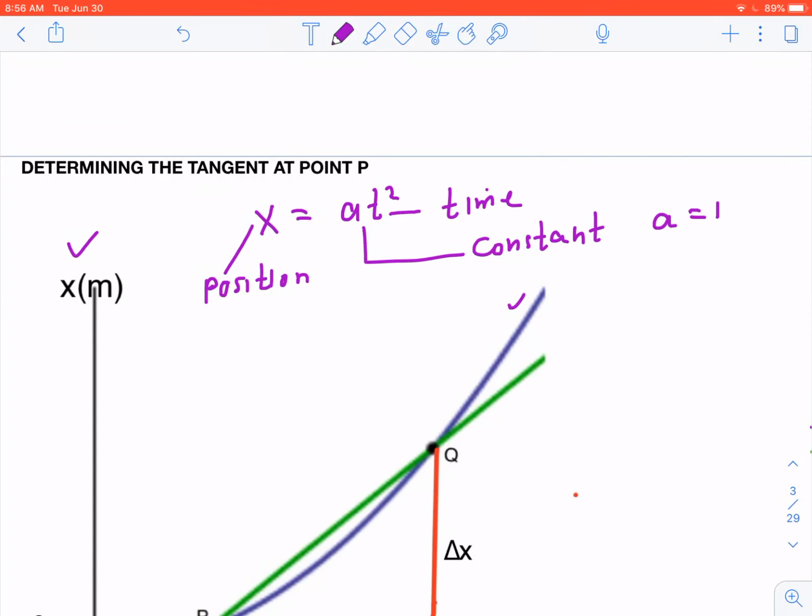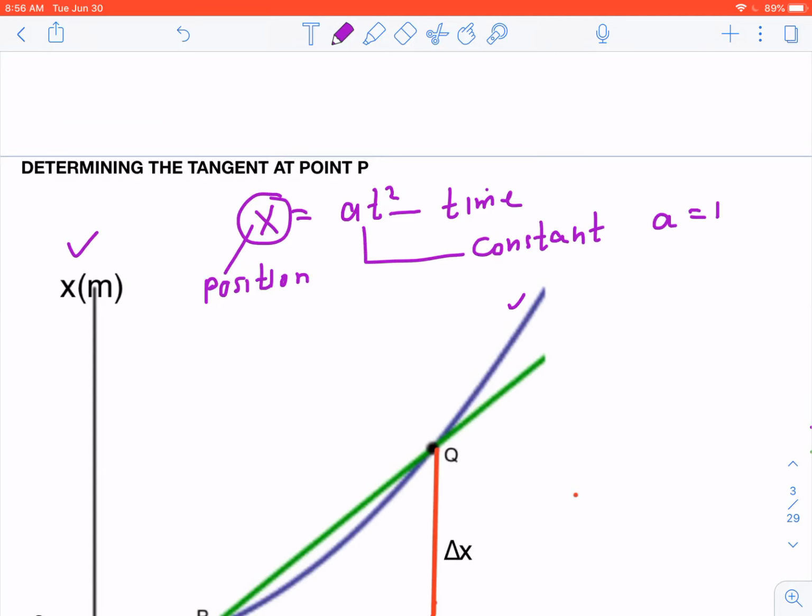I am not reflecting its units, but we know that whatever its units are multiplied by the units of time, it should give you the unit of position, which is meter. So at this point, let's assume A is equal to 1.